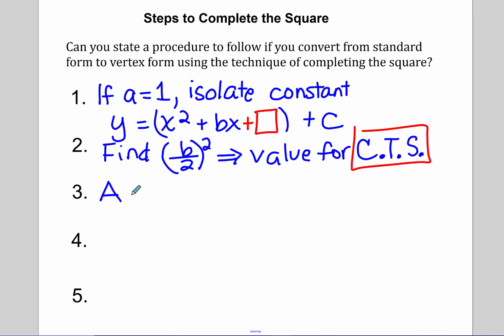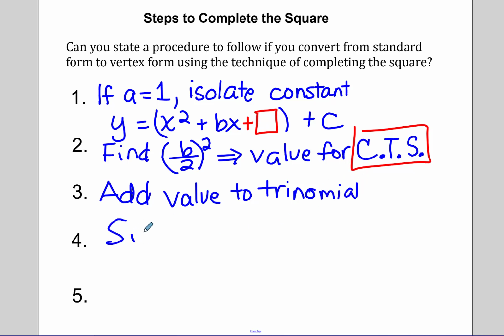Then you're going to add this value to create the perfect square, and you're going to subtract that value from the c to make a 0. So add the value to the trinomial. That's where the box is.